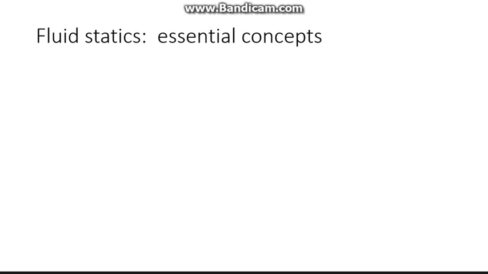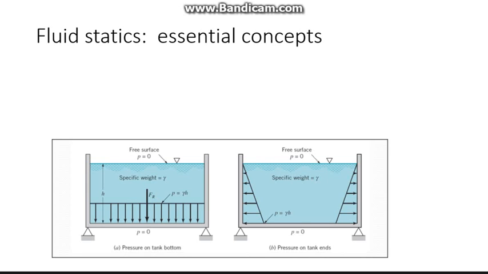So let's look at some essential concepts here. Here are some tanks that we saw in Tuesday's lectures, and look at the pressure distributions on the bottom of the tank. All these pressures along the bottom are the same because the depth is the same everywhere along the bottom of the tank. Now, if we look at the side of the tank, the pressures are quite different.